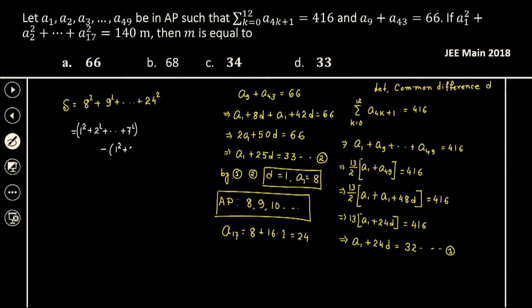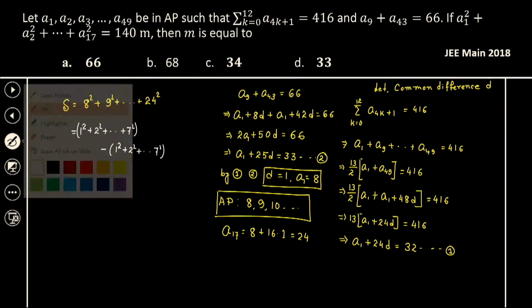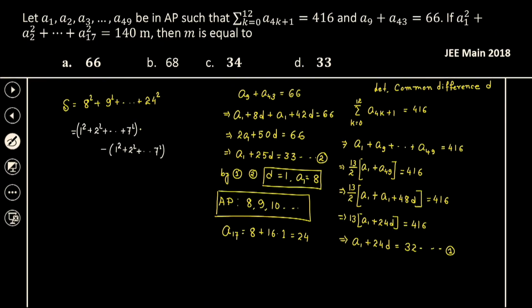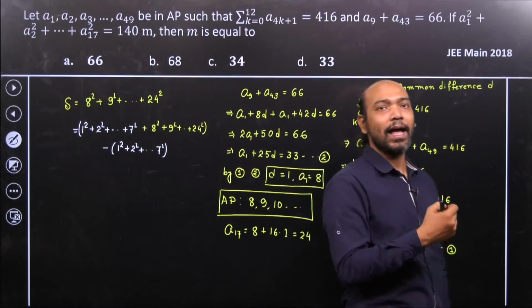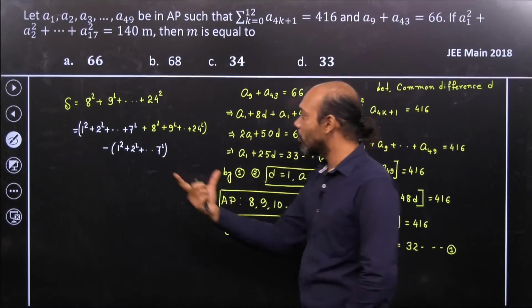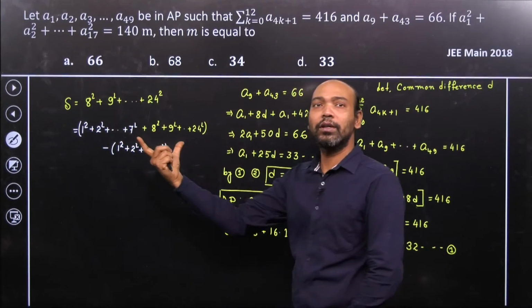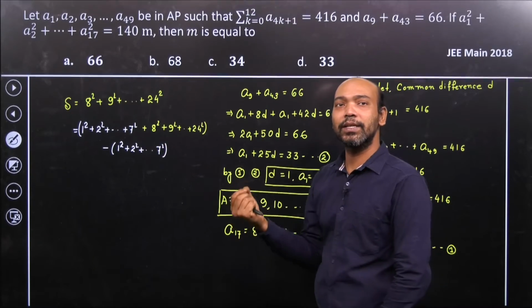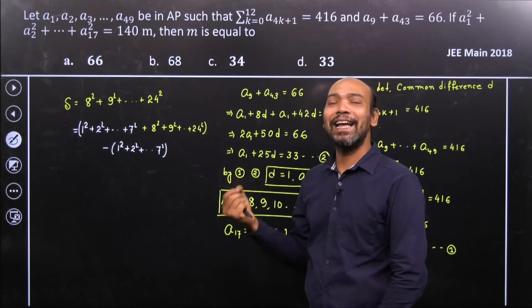Then we just add the remaining, so we get 8 squared plus 9 squared plus dot dot up to 24 squared. That's the easiest way to solve this problem. Here we add 1 to 7 and subtract 1 to 7. The first bracket gives you the sum of the first 24 natural numbers squared.